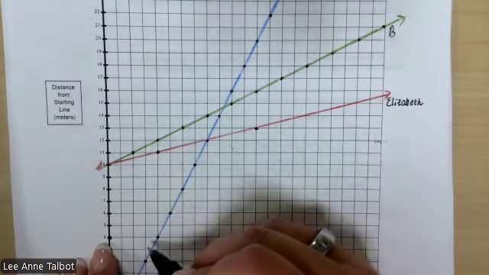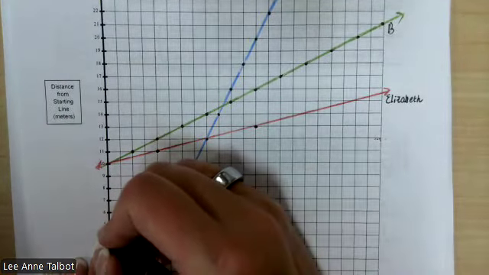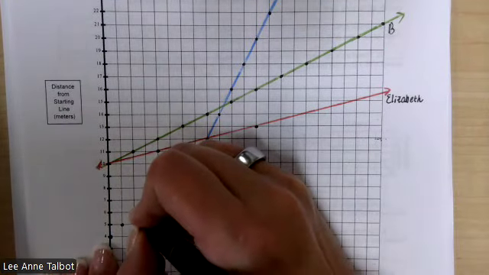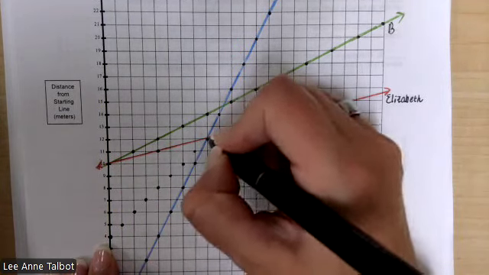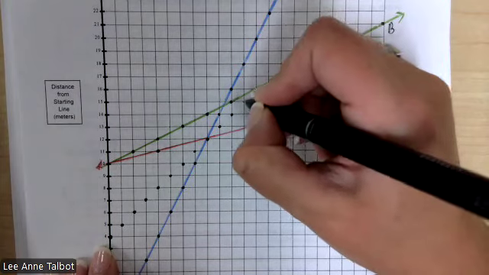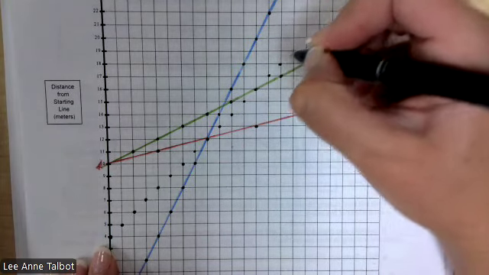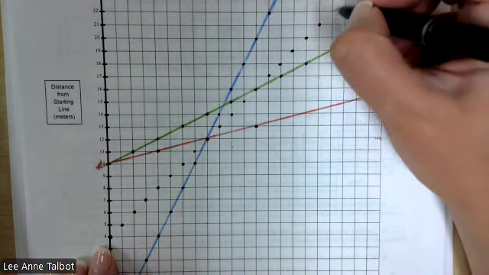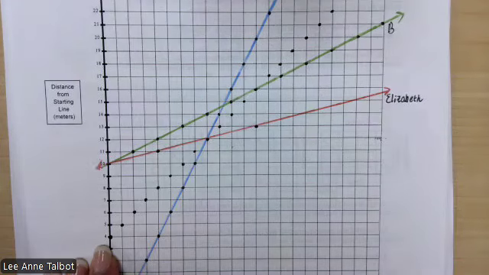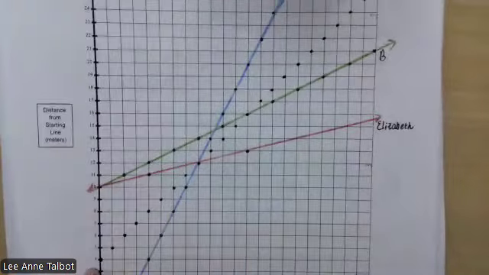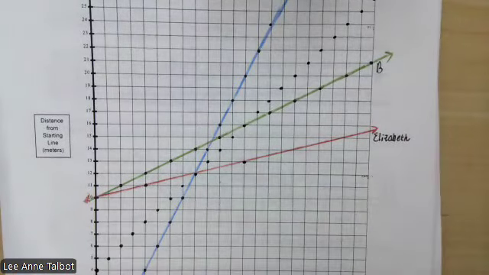Leslie went 2/1, so this is 1/1. And what's half of 2? 1x.